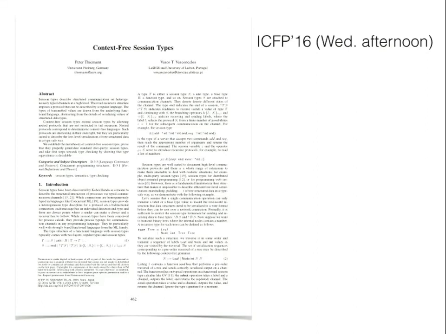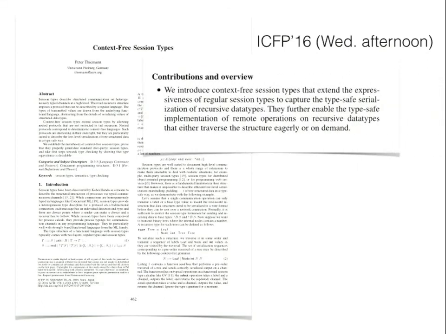Okay, so if you look at the contributions and overview of this paper, they say we introduce context-free session types. Whatever those are, right? So this is a paper that's introducing a new type system idea about context-free session types that extends past ideas on session types to capture the type-safe serialization of recursive data types.